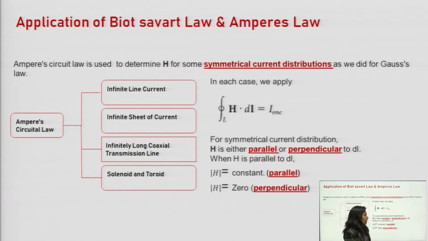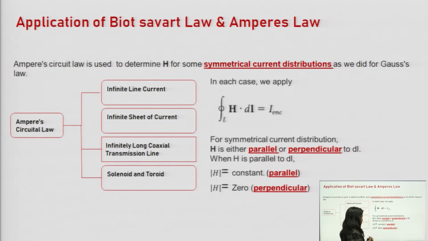According to Ampere's law, whenever a current carrying conductor is placed, there will be a magnetic field in the surrounding. Mathematically, we can express Ampere's law as closed integral of H dot dl is equal to I enclosed, where dl is the small elementary length of the Amperian path.